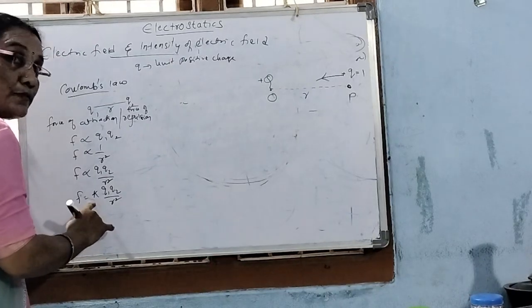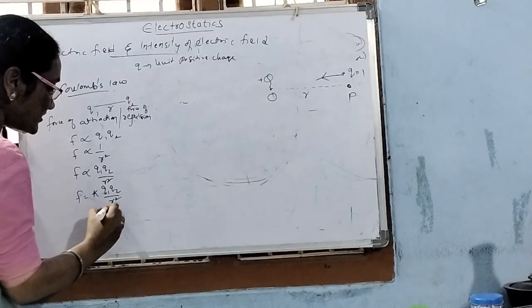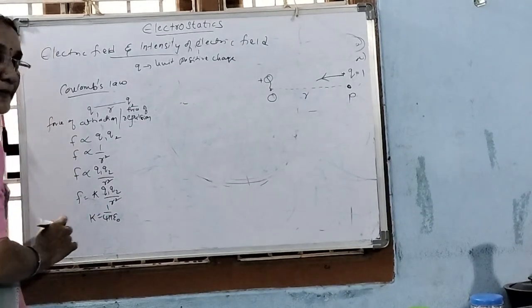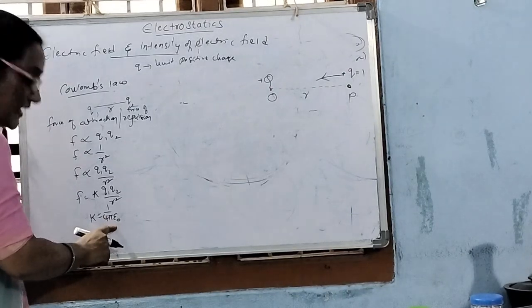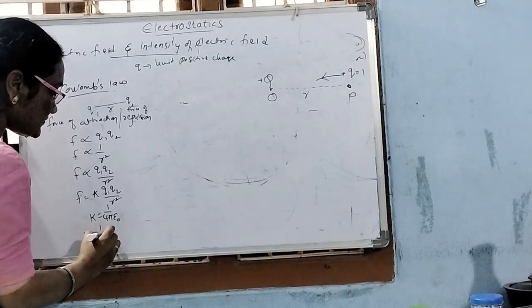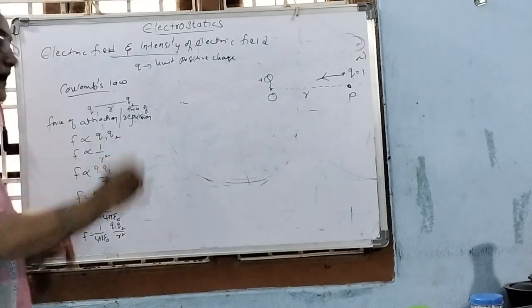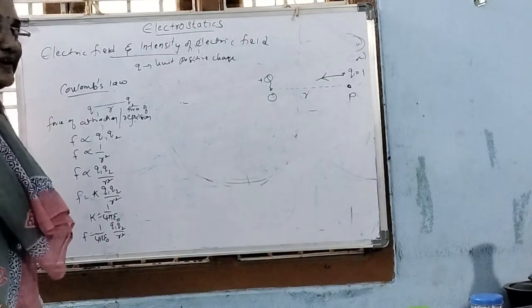we call it the proportionality constant, and that proportionality constant is equal to 1 by 4 pi epsilon naught, where epsilon naught we call the permittivity of the medium, right? So now F is equal to 1 by 4 pi epsilon naught Q1 Q2 by r square.